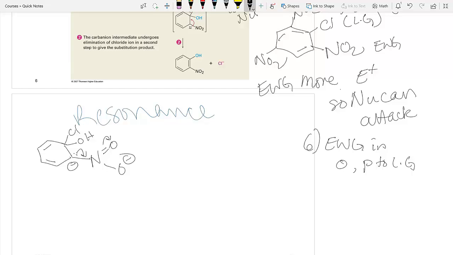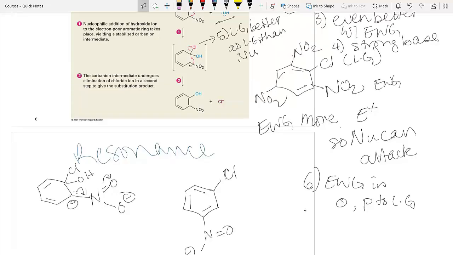So if our compound has its NO2 or its electron withdrawing groups in the meta position, we're going to see a very different behavior of our Meisenheimer complex. And it's one in which we have no resonance stabilization with the nitro group to help us. So the OH attacks, the double bond forms, charge right here.